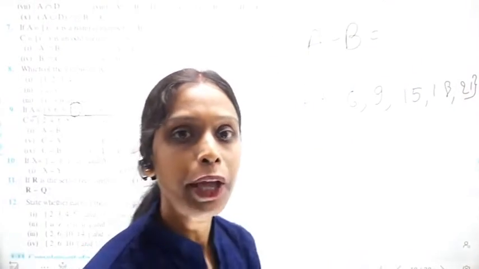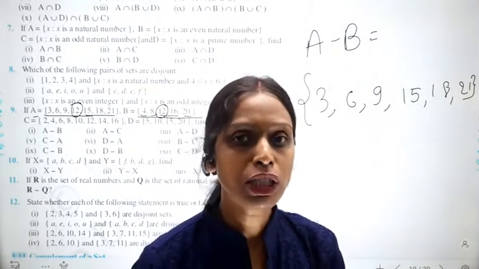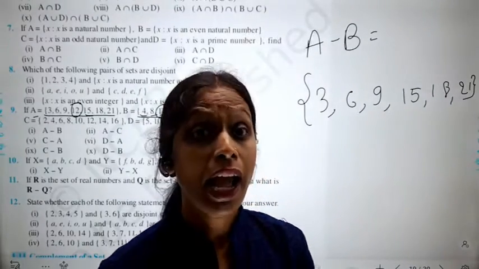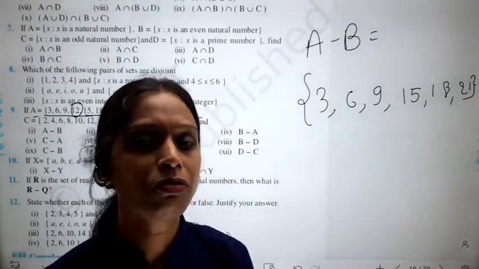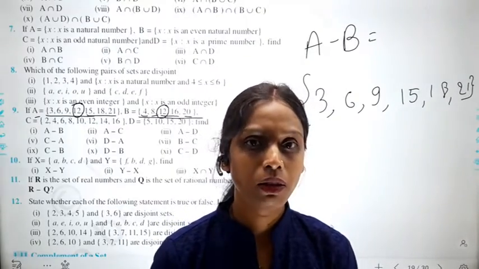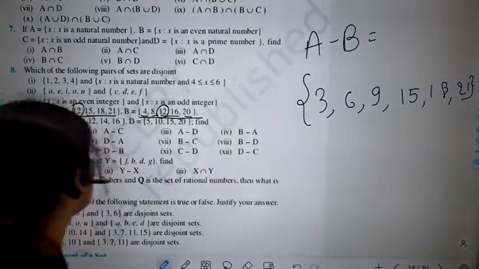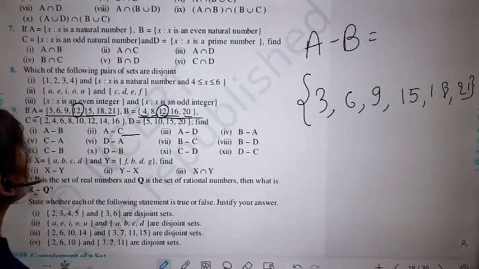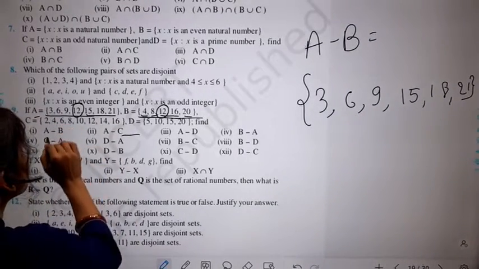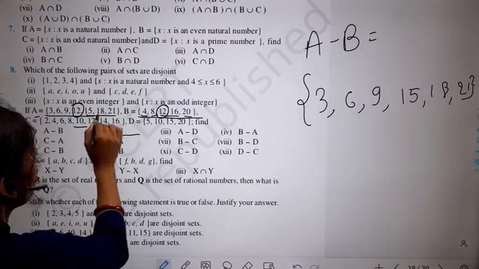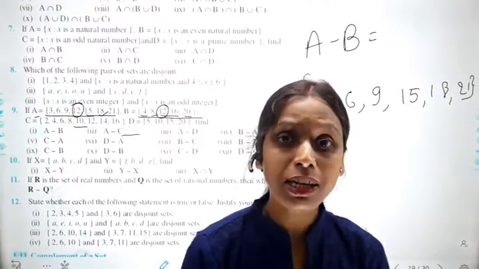You have to replicate this, you have to see this video more and more and know how to get A minus B. Like this, A minus C, I have to subtract C from A. Okay, then you think about how we subtract.